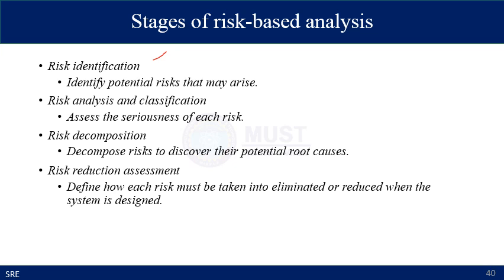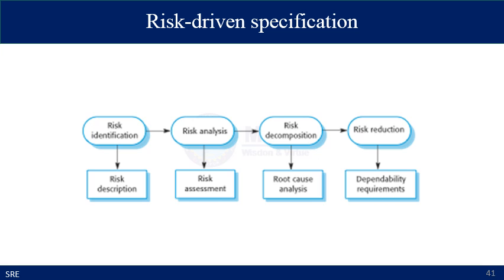Then you have to decompose the risks to discover their potential root causes, and then you have to derive a reduction assessment to define how each risk must be eliminated or reduced when the system is designed. Risk specification starts with the risk description, risk assessment, root cause analysis, and dependability requirements.